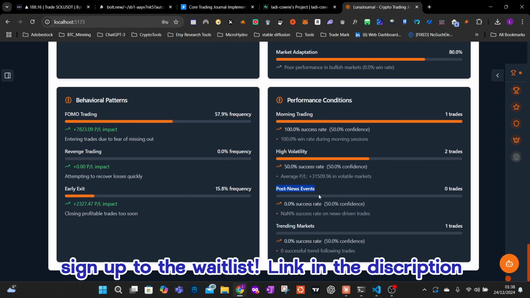Yeah, still working on this. You can see some discrepancies and errors. This is meant to be zero success, so we'll figure that out. Do you trade during trending markets? Number of trades.